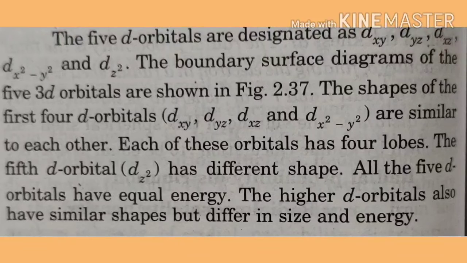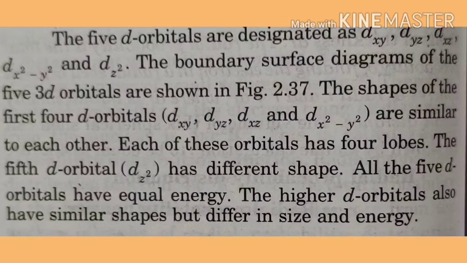The shapes of the first 4 d orbitals dxy, dyz, dxz and dx square minus y square are similar to each other. Each of these orbitals has 4 lobes. The fifth d orbital, that is dz square, has different shape.